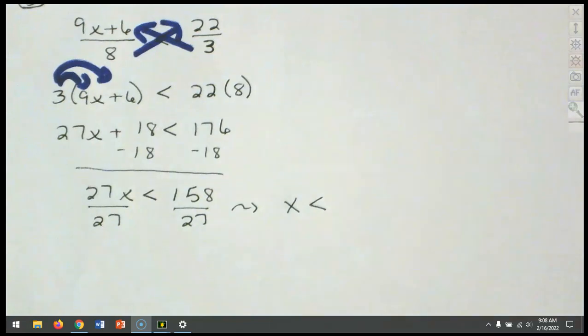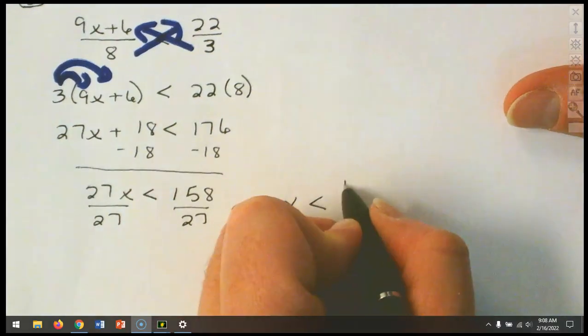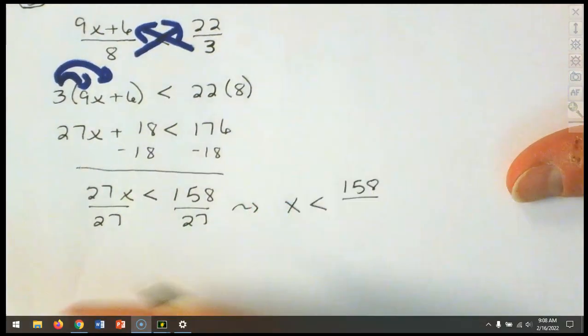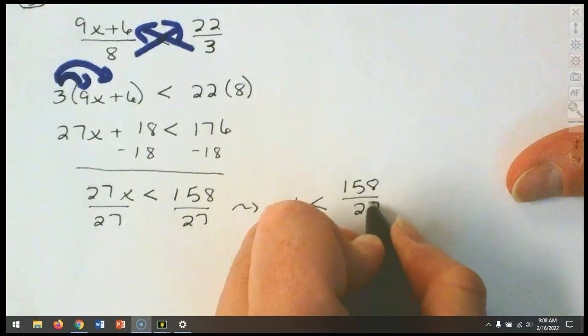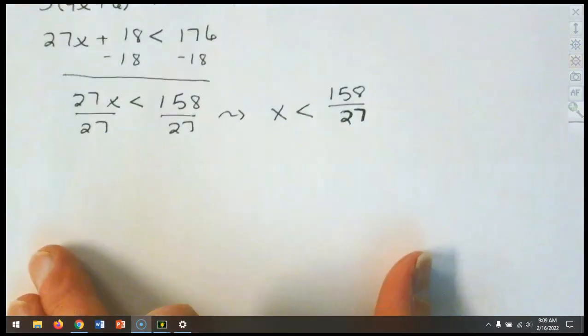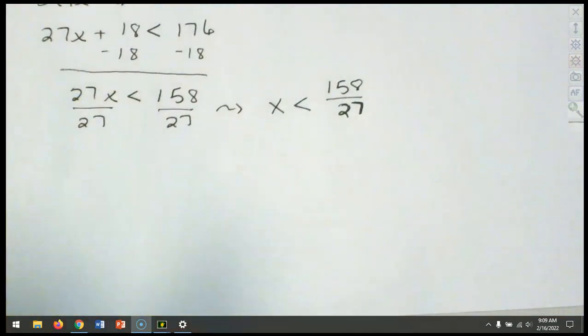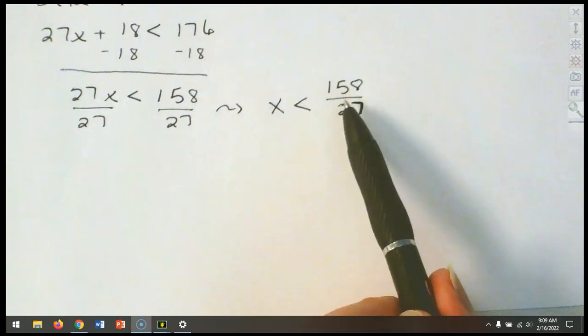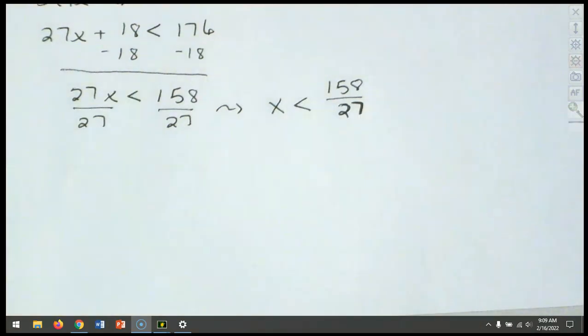Not going to reduce down much at all. 27 only breaks up into 3s. 158 does not have a 3 in it at all. So you can just leave this then as 158 over 27.